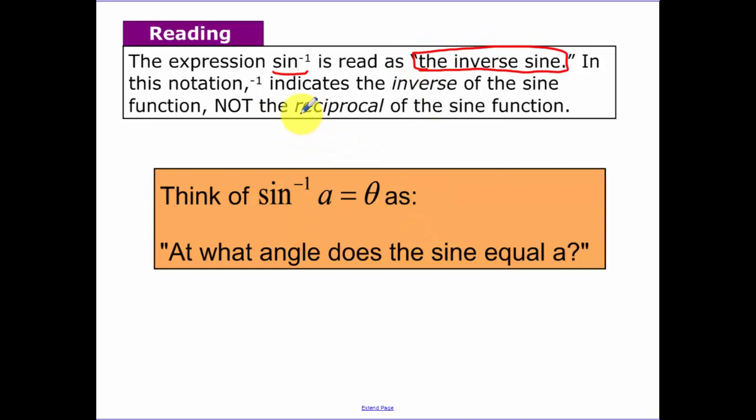It does not mean the reciprocal. It means the inverse, kind of like before when we said that f to the -1 of x stood for inverse. Keep this in mind: at what angle is the sine this ratio?